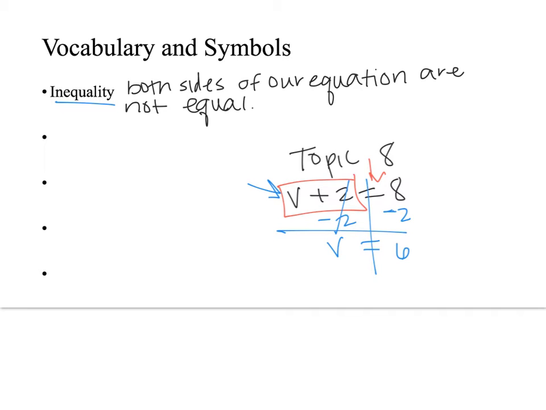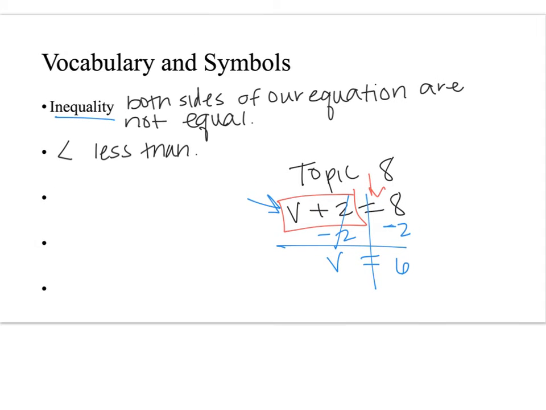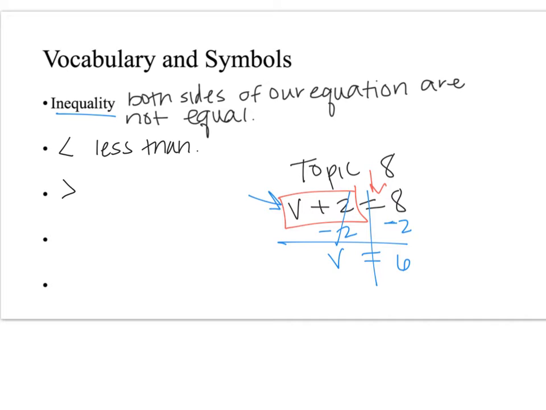So in order to figure this out, we have to know what our signs mean. Whenever we see a sign that looks like this, it means less than. Whenever we see a sign that's flipped, this means greater than.